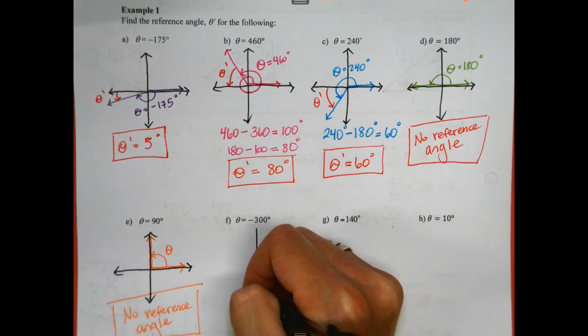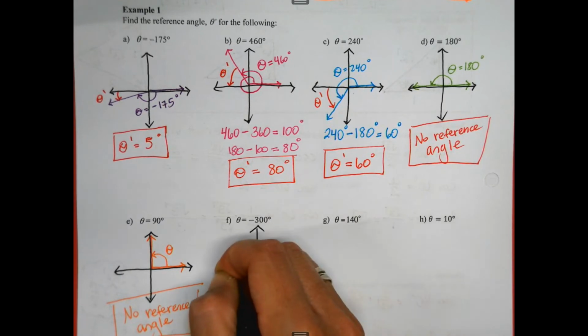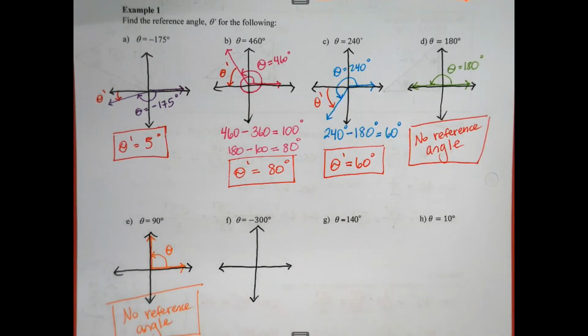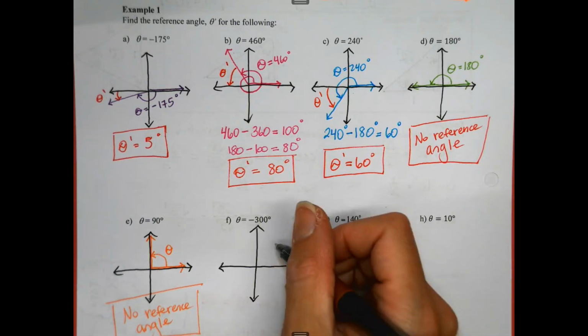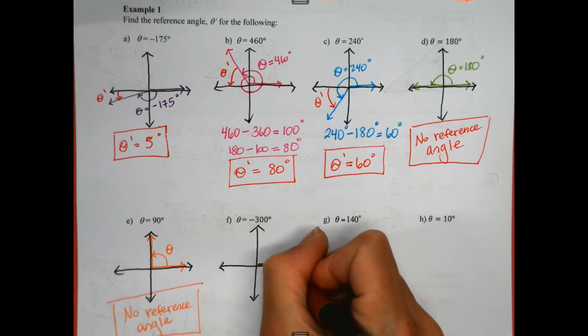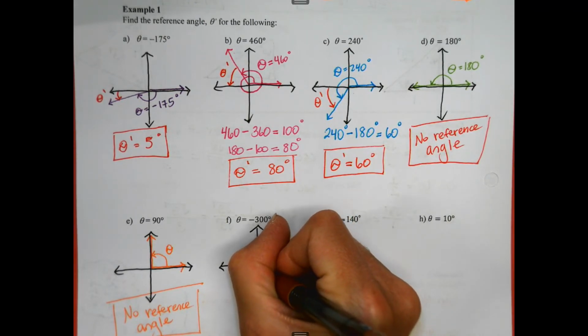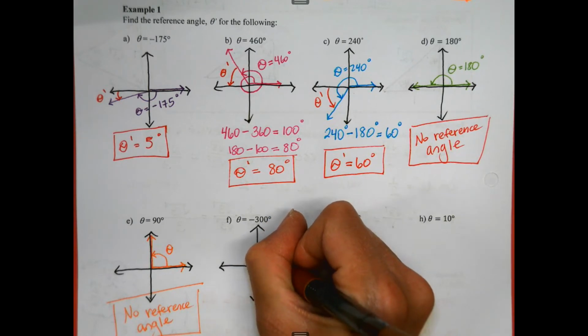Negative 300. A negative 300 degree angle is going to start on the positive x-axis. It's going to rotate in the negative direction or the clockwise direction, and it will end in quadrant number 1.